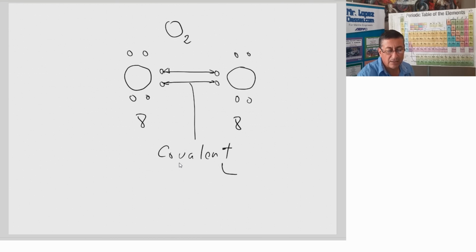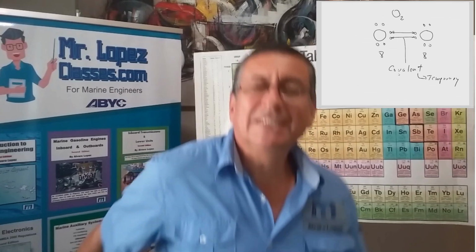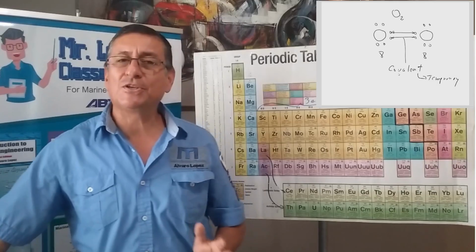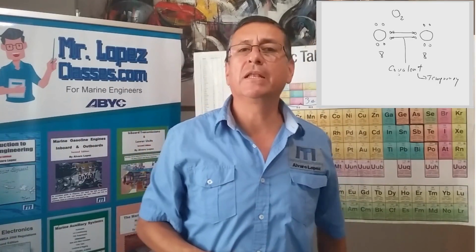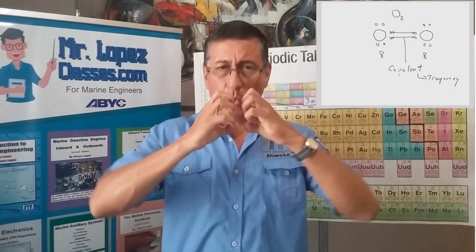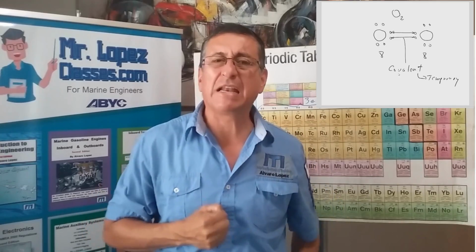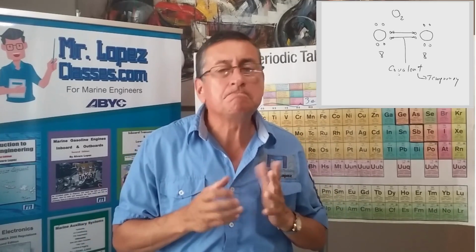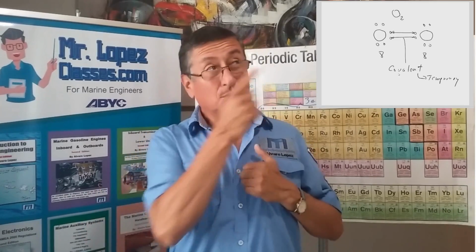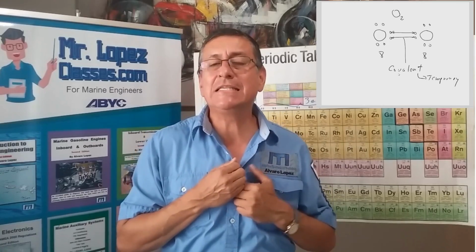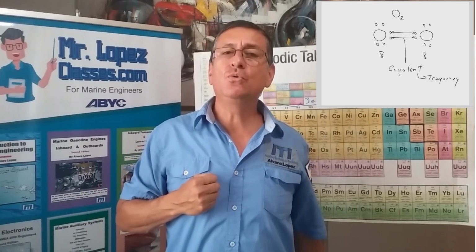This is temporary. What is the meaning of that? This is important. For that reason, in the environment, the relation between 2 atoms of oxygen is not permanent, it's not strong, it's temporary. For that reason, in the environment, it's easy to separate those 2 oxygens.